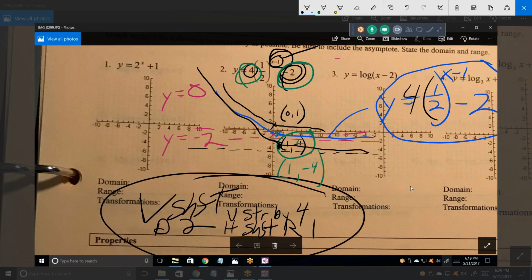So the horizontal asymptote must be 1 unit below this. Remember where that started: at 0 comma 1, but we had a horizontal asymptote y equals 0. So the horizontal asymptote is always 1 below that. If we get our point down to 1 comma minus 4, then the horizontal asymptote must be at minus 5. Okay.